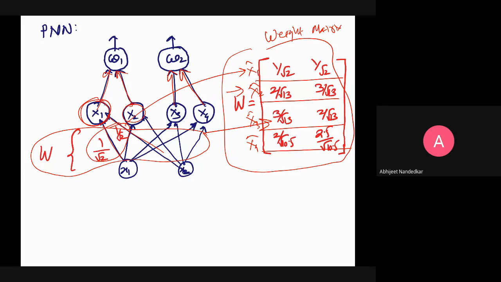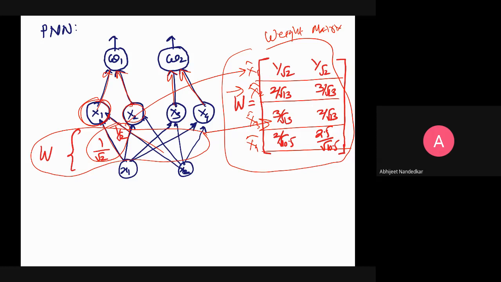There is no connection from x1 to omega 2, because x1 belongs to omega 1, so there will be a connection only to omega 1, not omega 2. Similarly, there is no connection from x3 to omega 1, since x3 belongs to omega 2, so this connection does not exist.